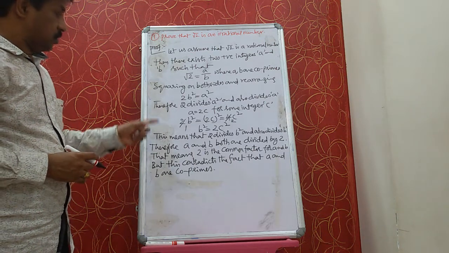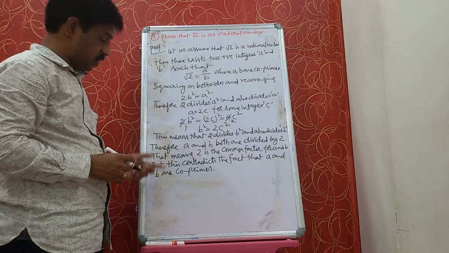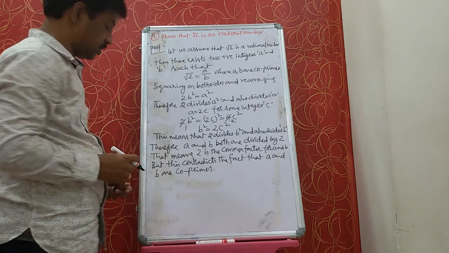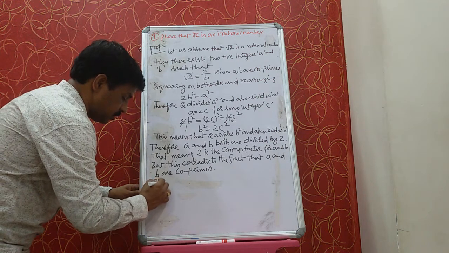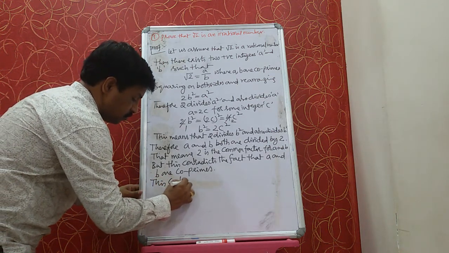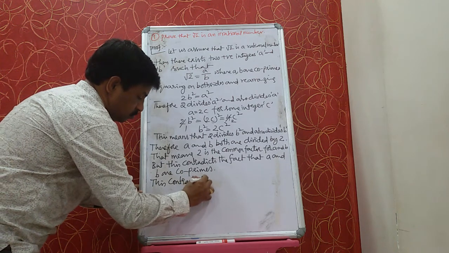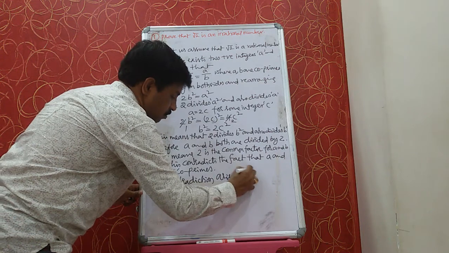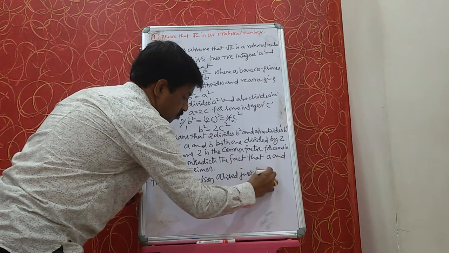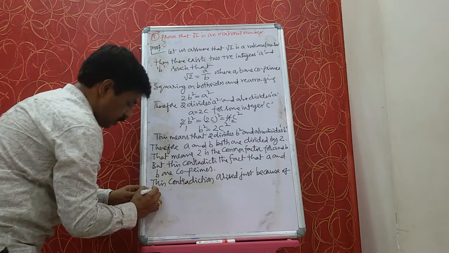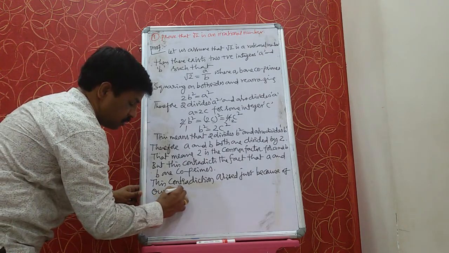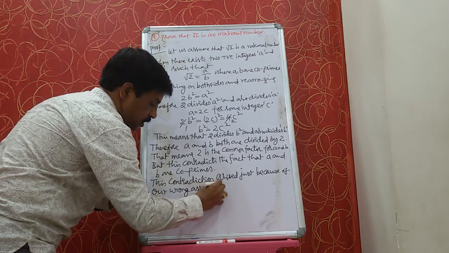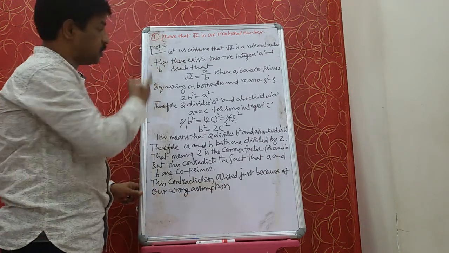Why did this contradiction happen? This contradiction arises just because of our wrong assumption. What is that wrong assumption? Root 2 is a rational number.